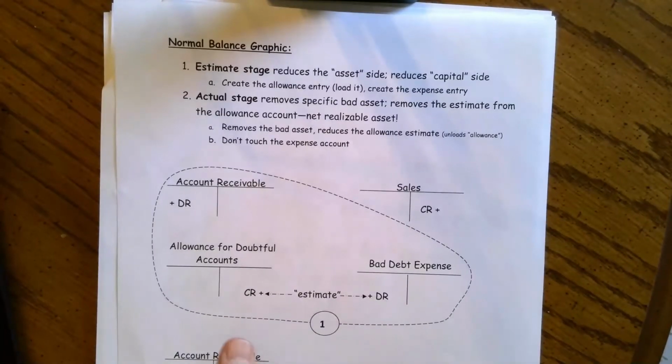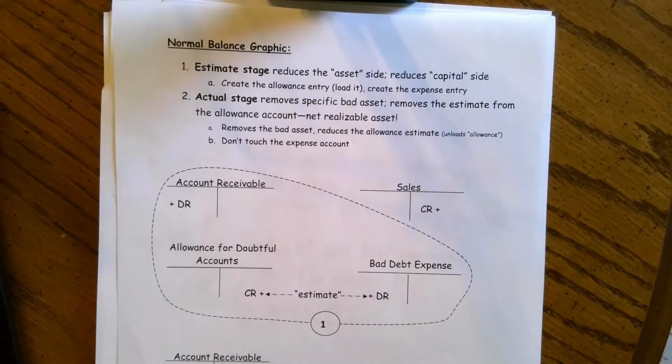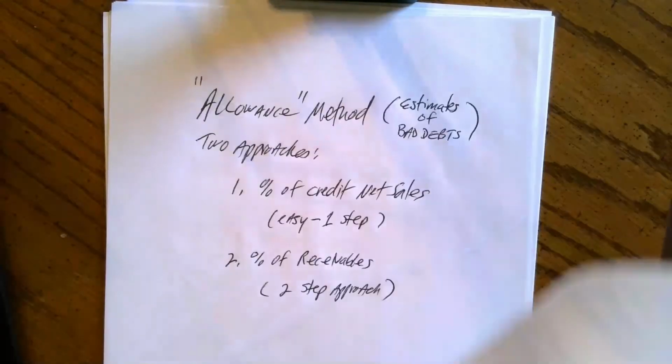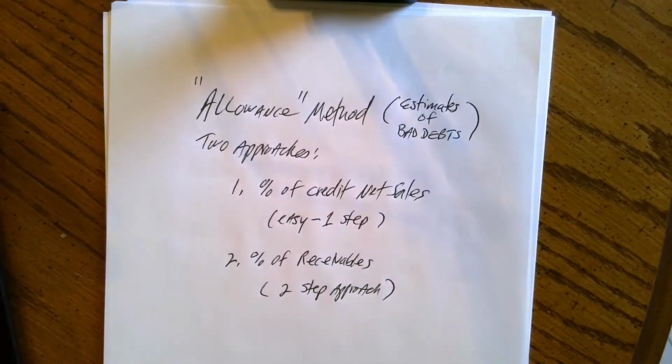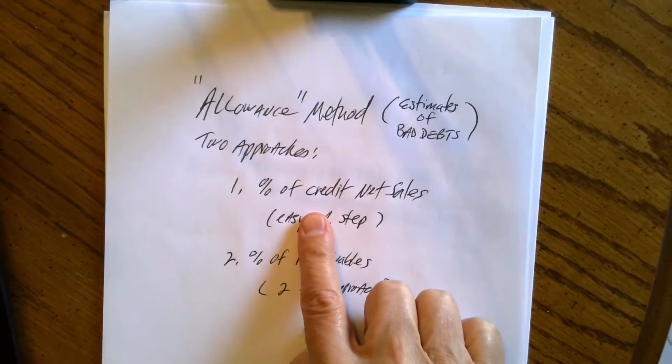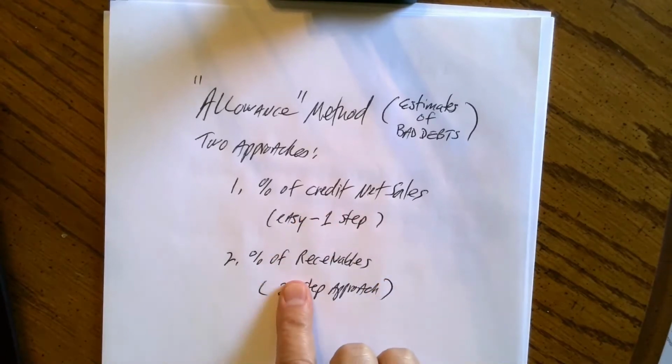The allowance method can be used in two separate ways as indicated in your textbook. Two different approaches to implementing it: the percent of credit sales or percent of receivables.